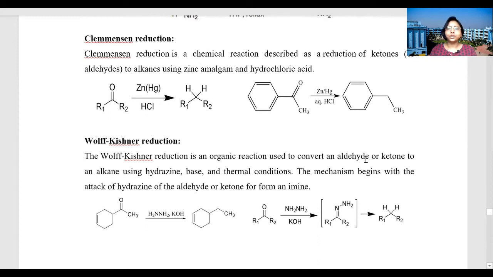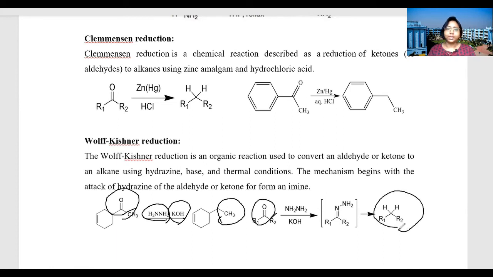So here also we convert the aldehyde or ketone, but in presence of hydrogen, and we also require a base additionally, that is KOH. So here you can see the ketone, and it will be converted into the alkane. Here also you can see the ketone group, and it is converted into the alkane.